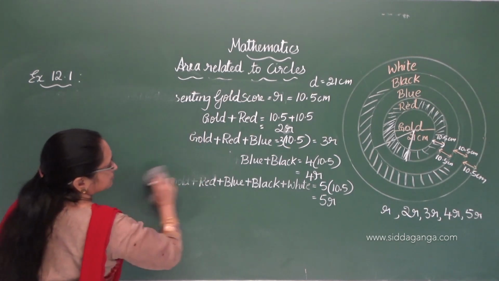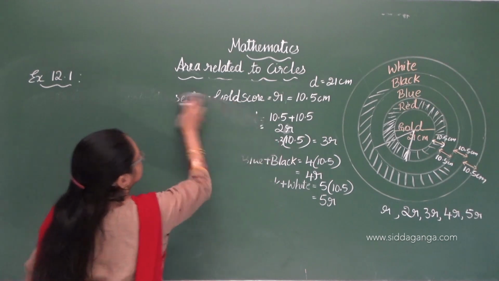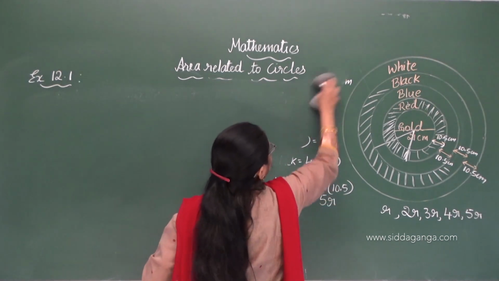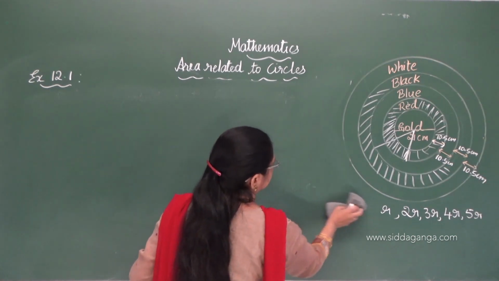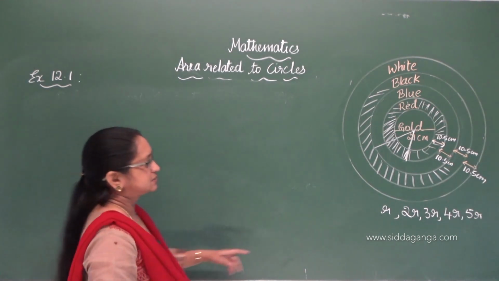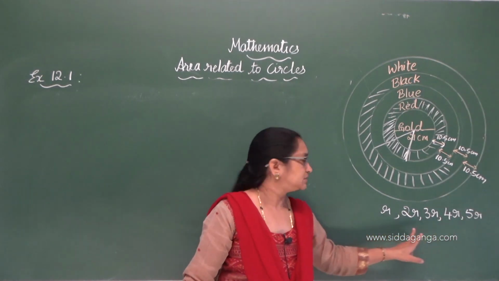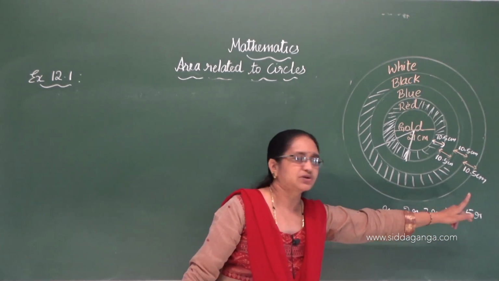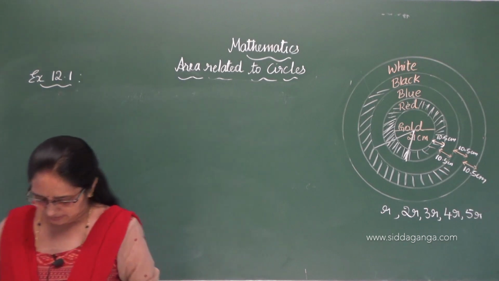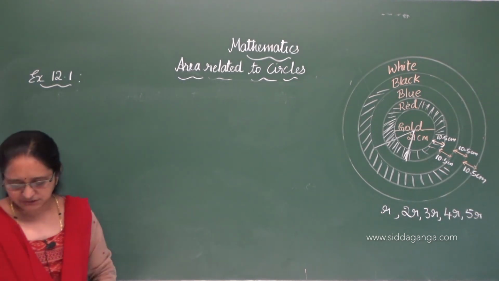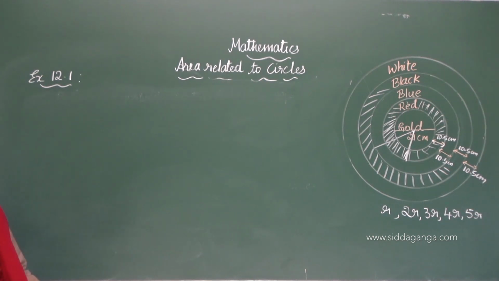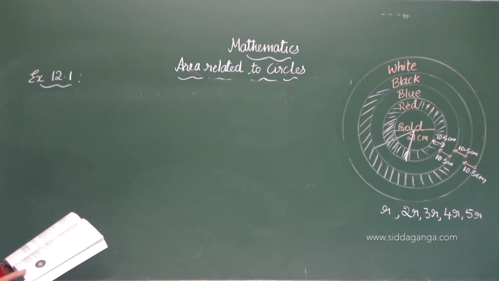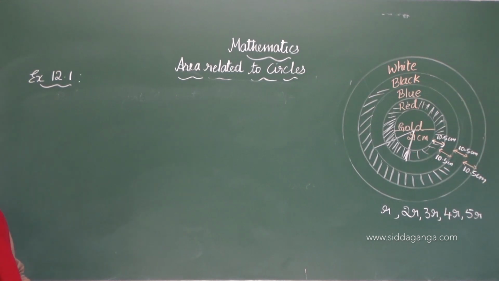Now the actual problem starts. See, in terms of radius I have taken R, 2R, 3R, 4R and 5R. Now, in the question they have asked to find out the area of each of the 5 scoring regions.